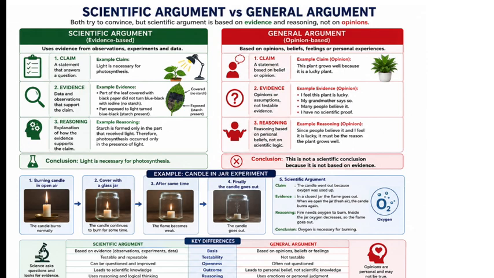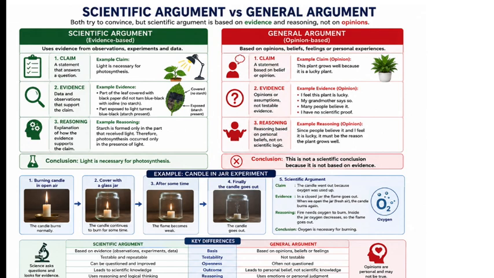To provide the evidence, we perform an experiment where we use just a candle, a matchbox, and a glass jar, and we light the candle. We keep the jar over that candle. After some time, we observe that the candle goes off.